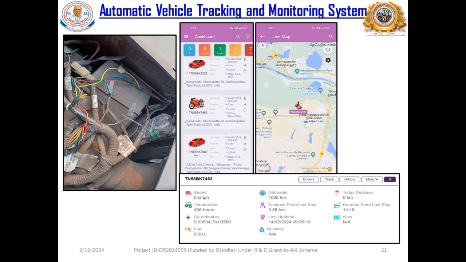We can see live tracking of individual vehicles and easily monitor all vehicle-related information, like vehicle ignition on/off, whether the vehicle is running or stopped, and if a vehicle is driven overspeed, it is immediately notified to the monitoring platform, and whether the vehicle is in idle or unreachable condition. Likewise, we can easily monitor all the status of the vehicle live.